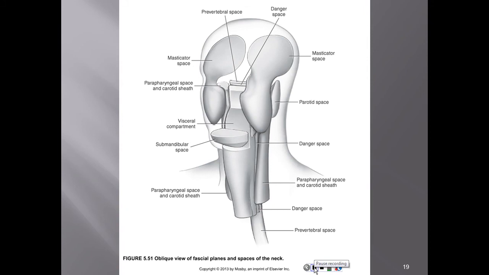This is a good illustration of the fascial planes. There are many fascial planes in the head and neck, and fascial planes you can think of as separate compartments. The suprahyoid and infrahyoid regions of the neck can be further divided by layers of fascia called fascial planes that separate the anatomy of each region into compartments or spaces that contain distinct anatomic structures.